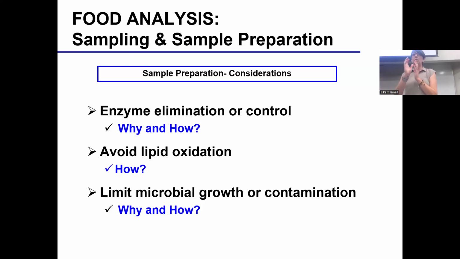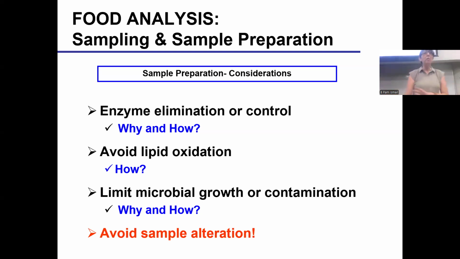You can also tight seal. You can put antimicrobial agents, store in cool and dry conditions. All right. So no matter what you do, you really want to avoid sample alteration. That is number one rule in sample prep.